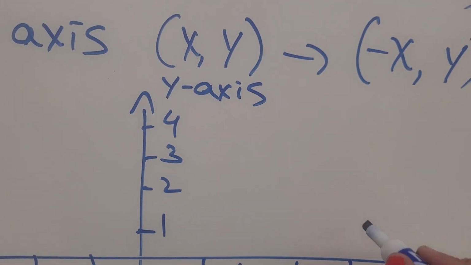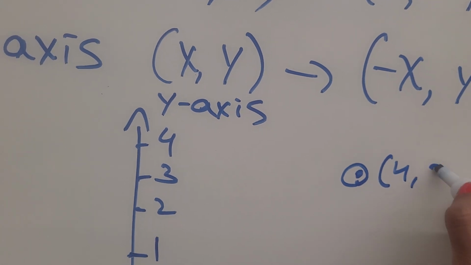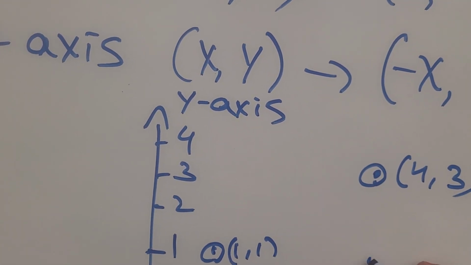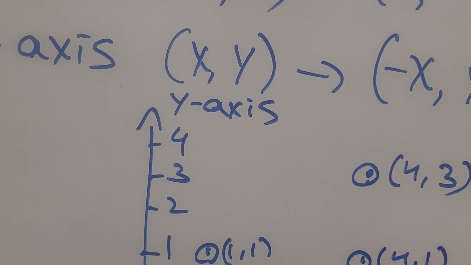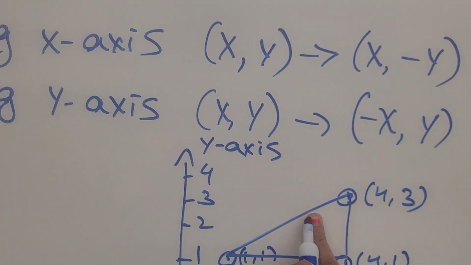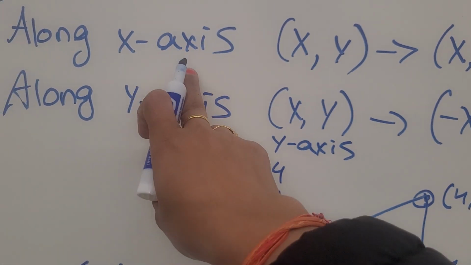So let's start by taking a triangle. (4, 3) is my point here, and (1, 1) is another point. (4, 1) is my other point. So this is my triangle, and I want to draw the reflected shape of this triangle along the x-axis.